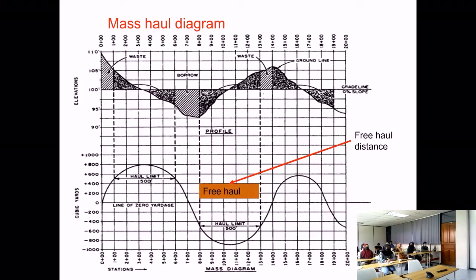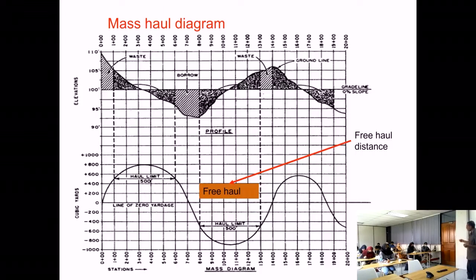As you can see in this diagram, this is from America, so it is in feet. Anyway, what is important is the mass flow diagram. So the haul limit is 500 feet, based on the calculation. You use that 500 to draw this boundary at each curve.